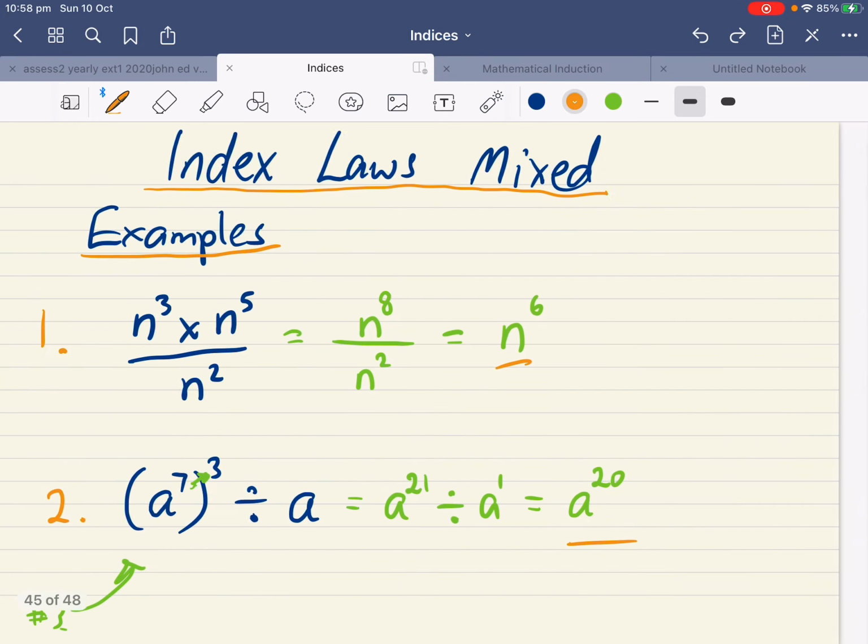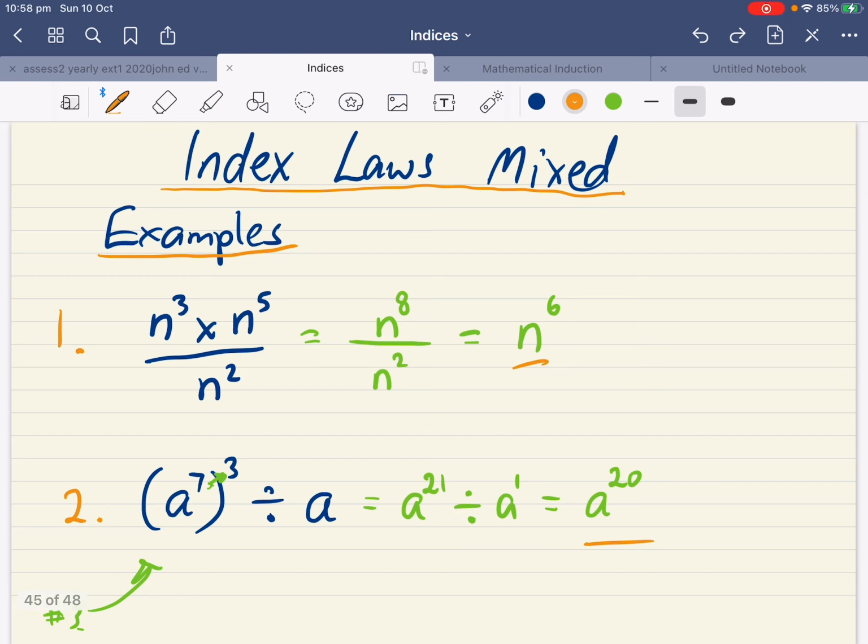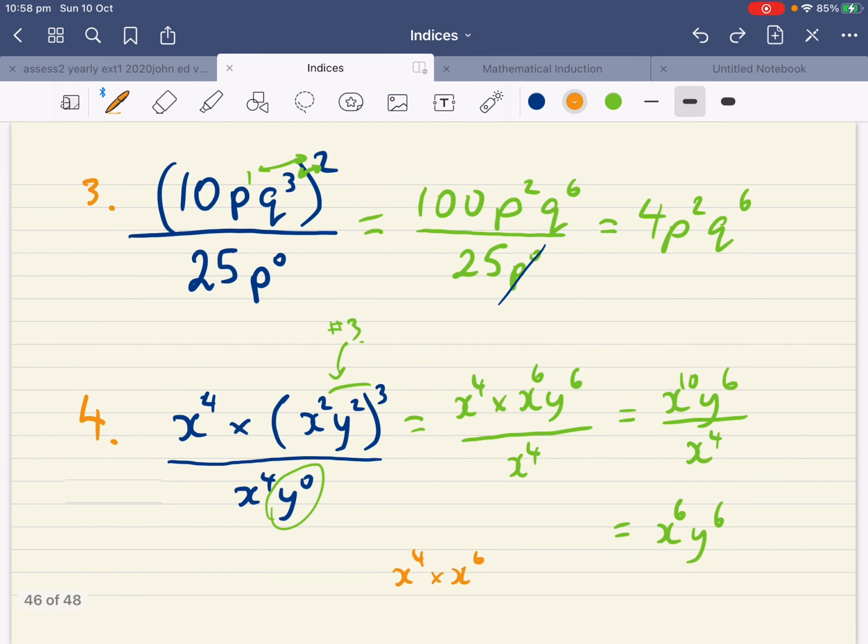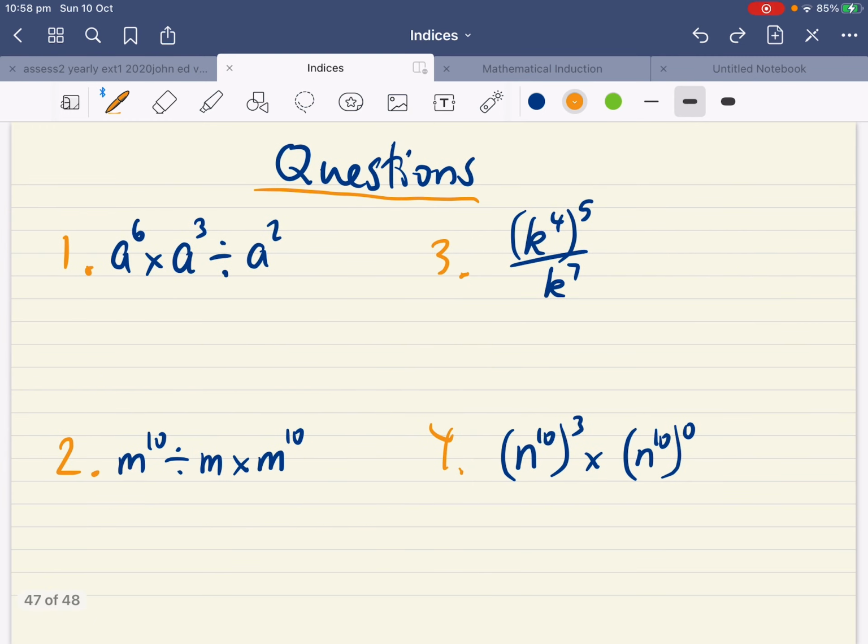These are our examples. So there's 4 of them in total. Pause the video if you need to. Make sure you've got those 4 examples in. And as always, I've got some questions for you to practice yourselves at the end. You know what to do. Pause the video, copy in the questions, and have a go at answering each one to the best of your ability.